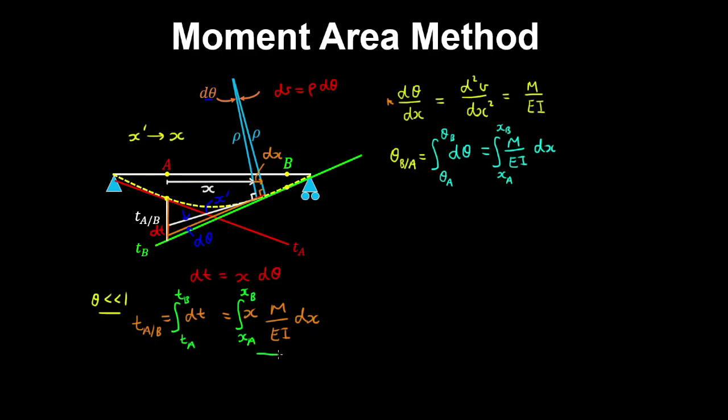Now we can simplify this integral using the definition of the centroid, which was the integral of x over an area, over the integral over the area of a section. But here we're integrating over the area of a curvature diagram. So you can replace dA with M on EI dx, and also in the denominator.